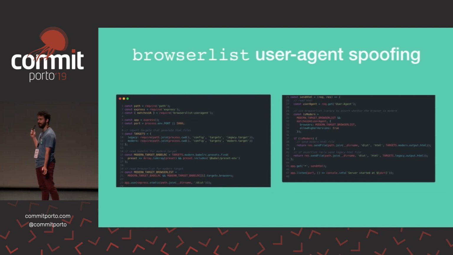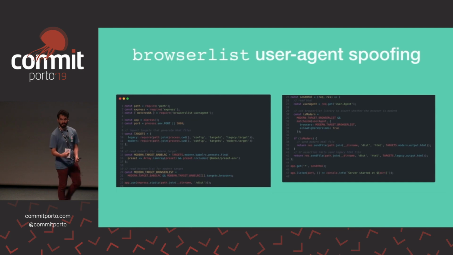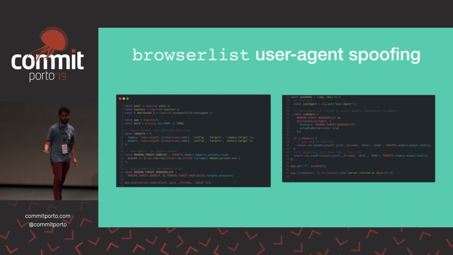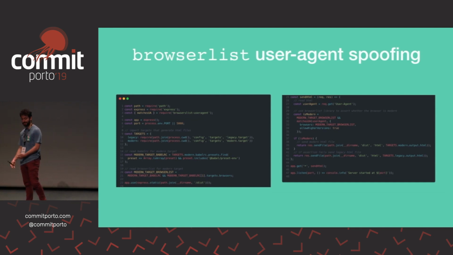And then you will receive a request, and instead of always returning the same index file, you add another step before that, which is to check the user agent of that browser. In this example, I'm reusing exactly the same targets I'm using to build the application. So you don't even have to have two separate configurations, it's the same one.